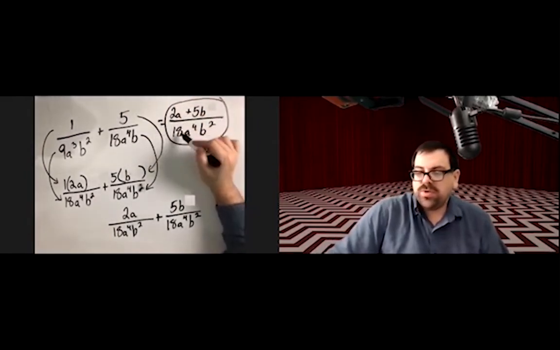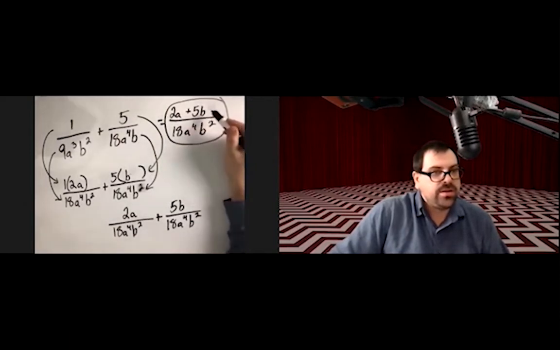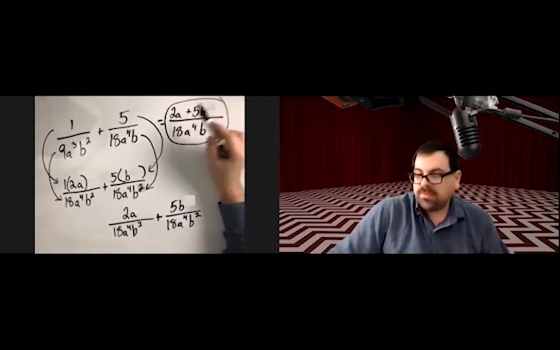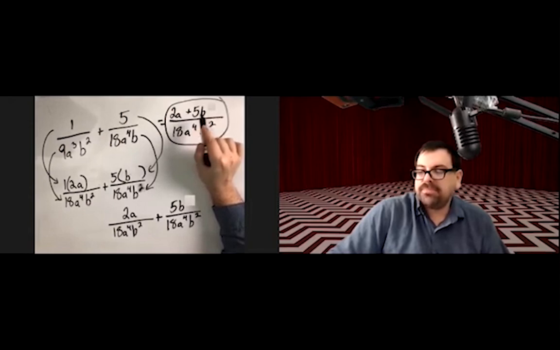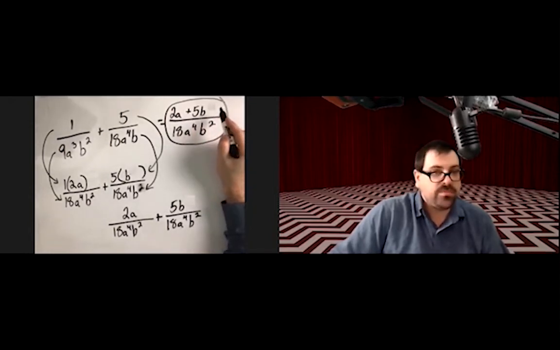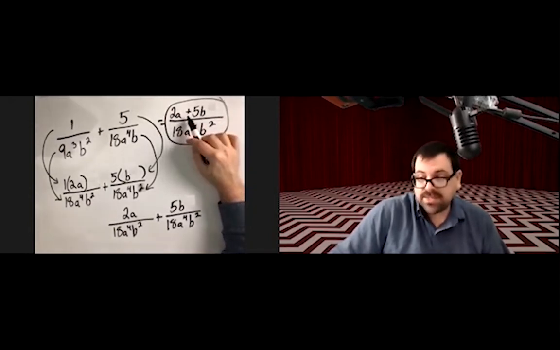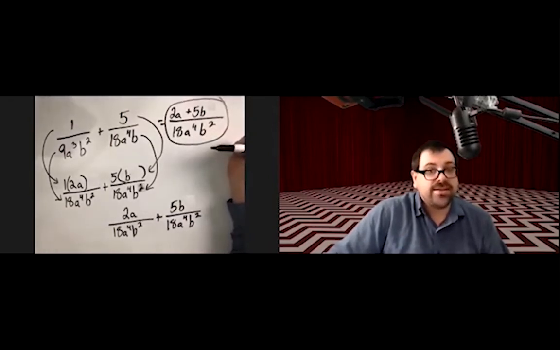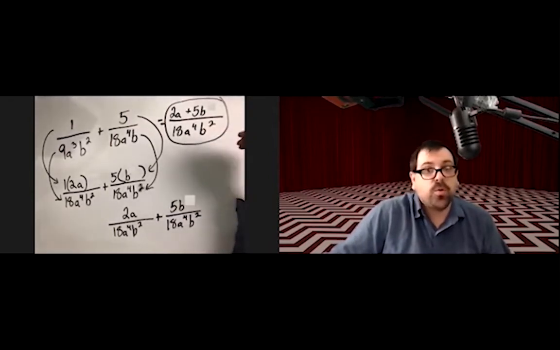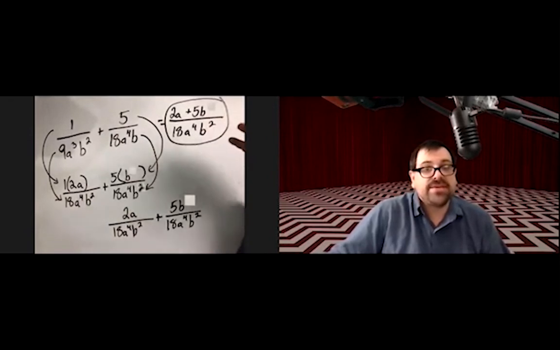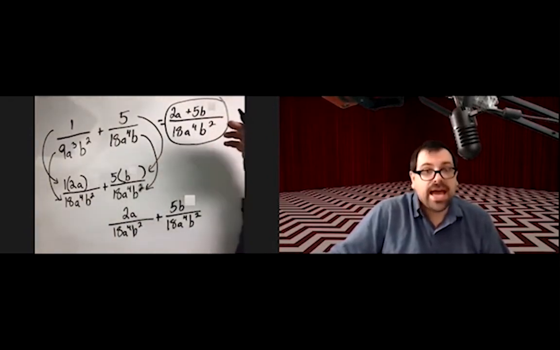No, you cannot cancel here. You cannot cancel here because the top says 2a plus 5b. If it was times, then yeah, have at it, start canceling. Canceling is something that can only be done when everything is factored and written as multiplications.